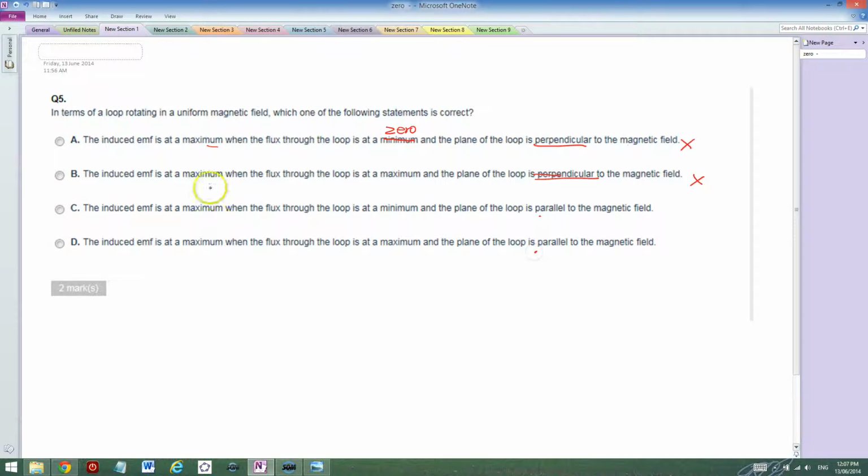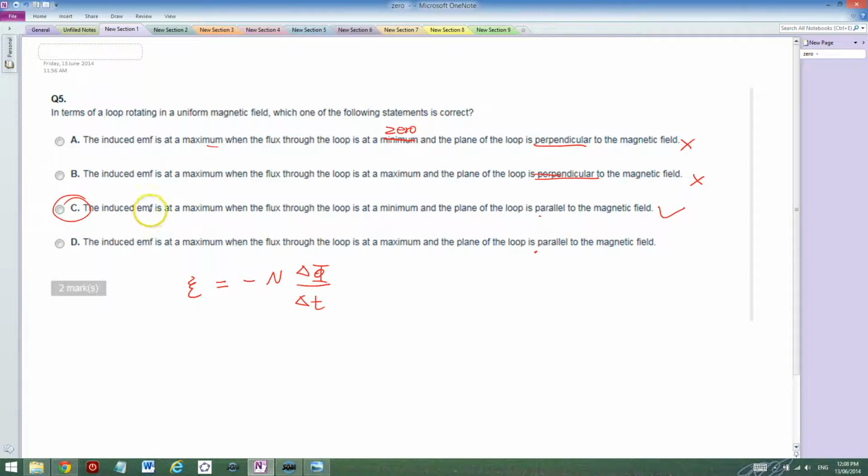One of these has to be right. The induced current is at maximum when the flux through the loop is at minimum, so C will be right. D will be wrong because induced EMF is related with the change of flux. It's not flux itself, magnetic flux, so C will be your right answer.